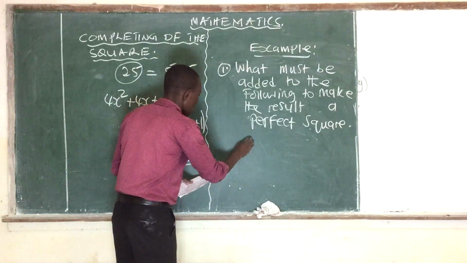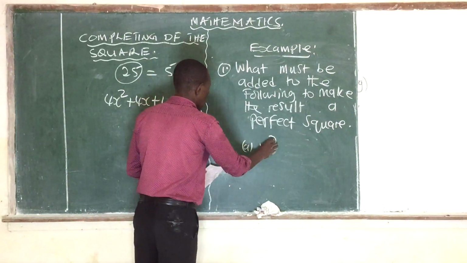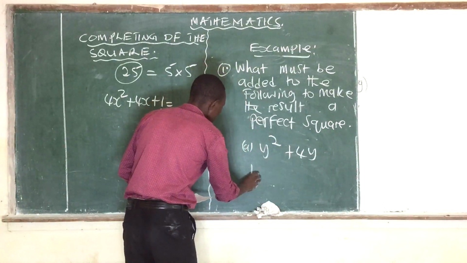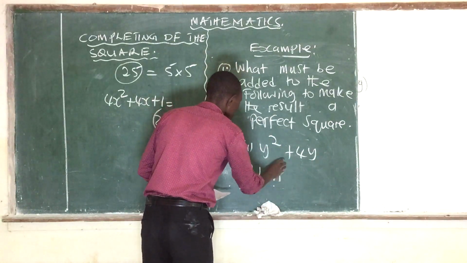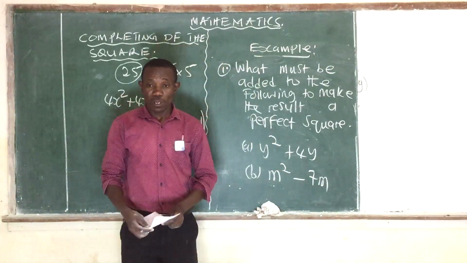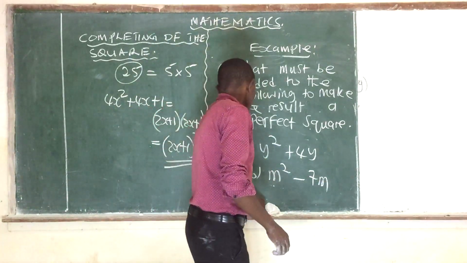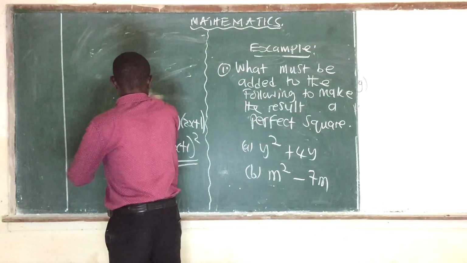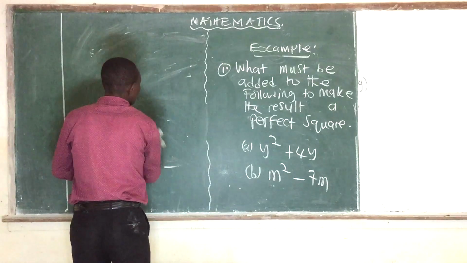A: I have y squared plus 4y. B: I have m squared minus 7m. Right. So here we are. Let's use this space here.